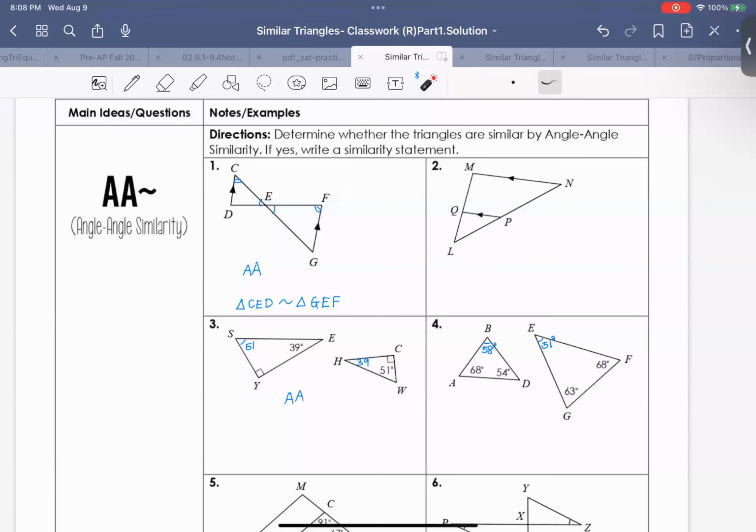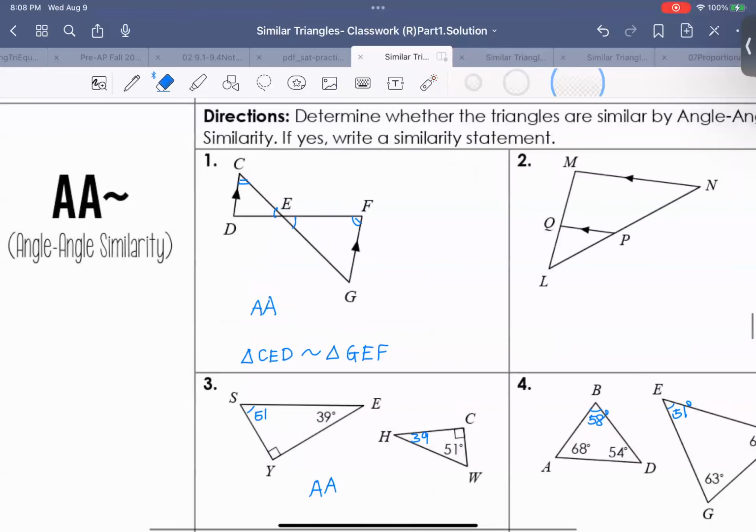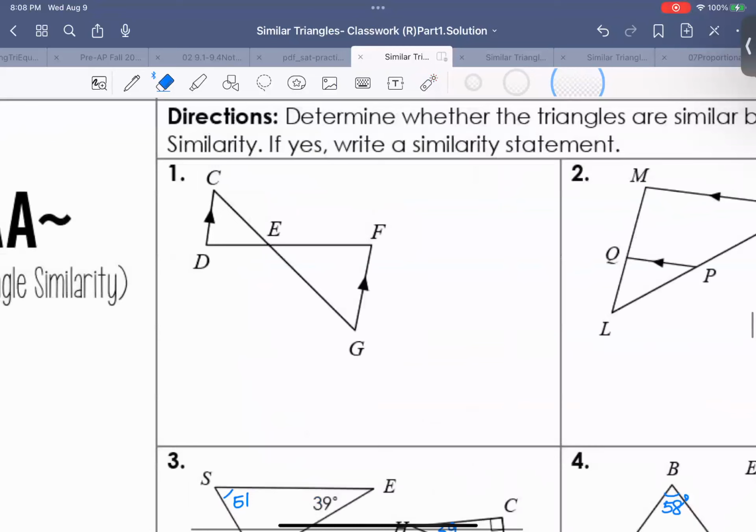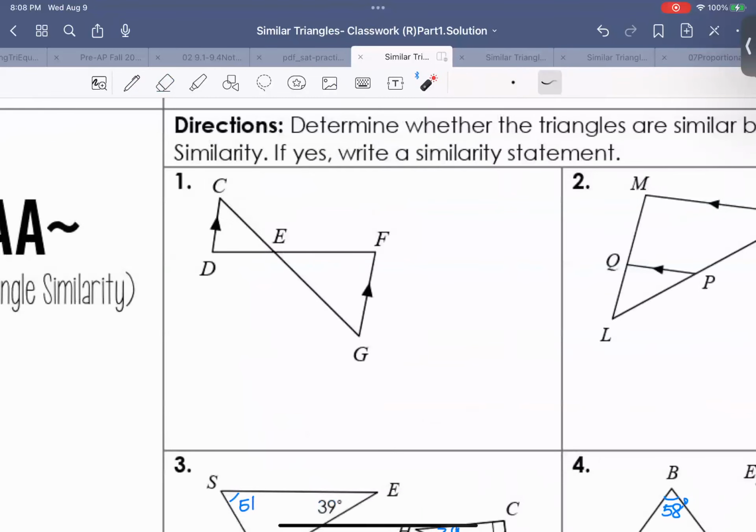Okay, so you can see here, number 1. Let's see here. If you draw the lines like that, this is saying these two are similar. The line here is parallel. So you see this parallel. And if you see this parallel, what angles can be equal? Go ahead, please.